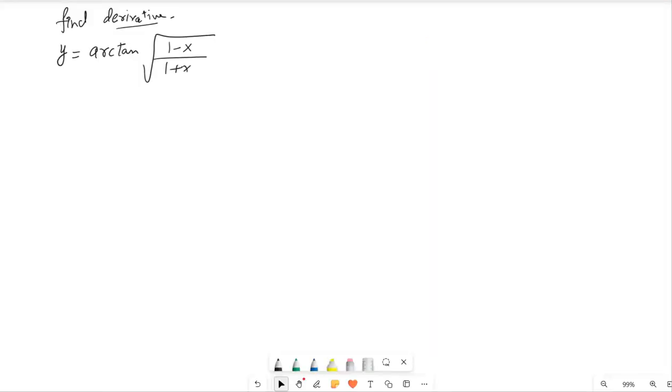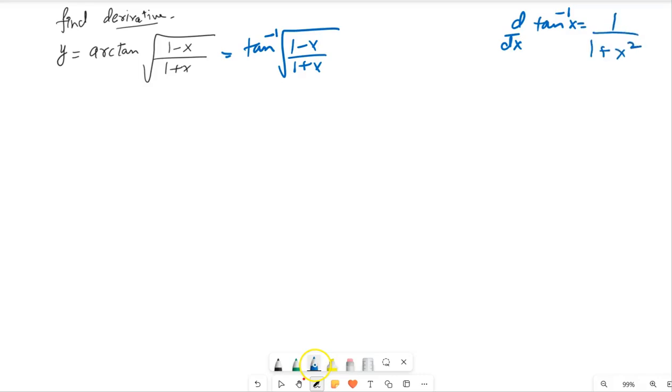Let's practice one more inverse function derivative problem. We have arctangent. You know that arctangent is tangent inverse of square root of 1 minus x by 1 plus x. The formula we're going to use is that the derivative of tangent inverse x is 1 by 1 plus x squared.